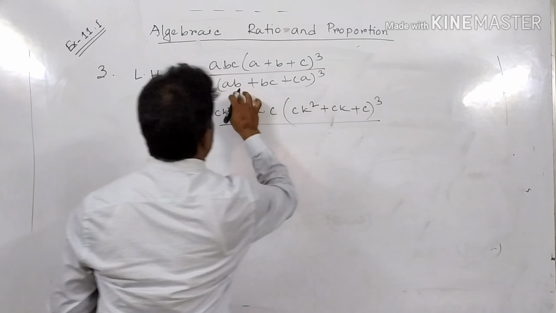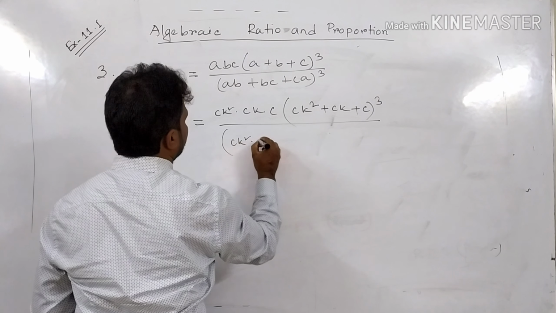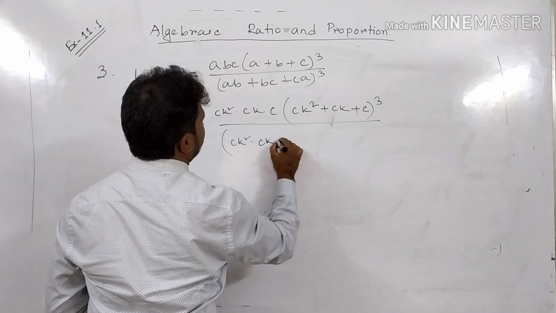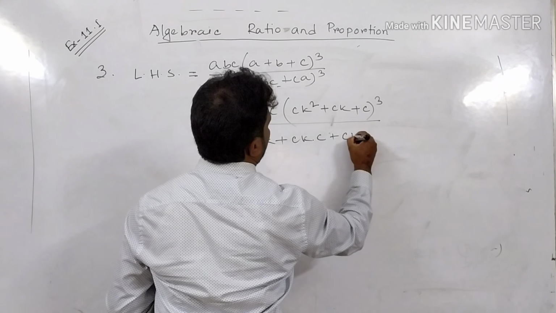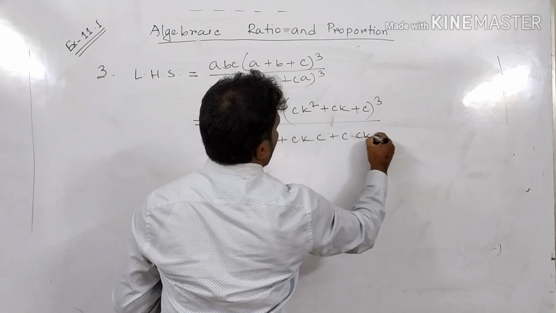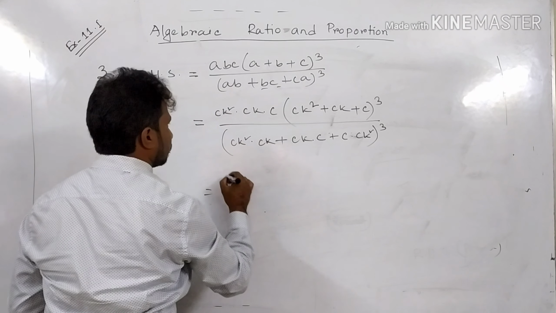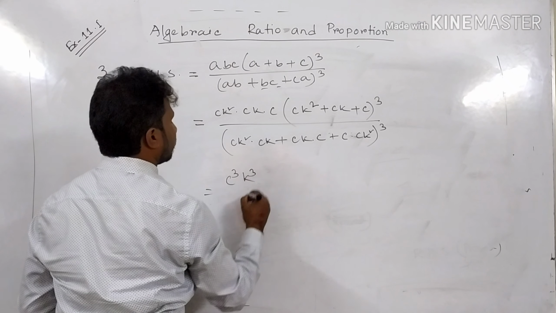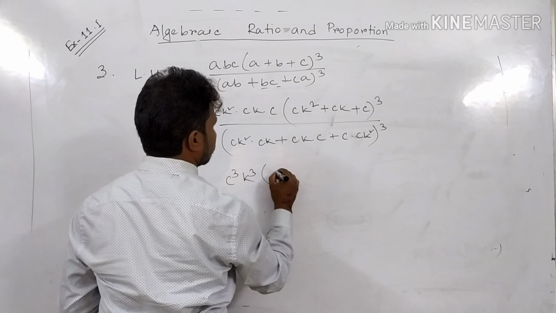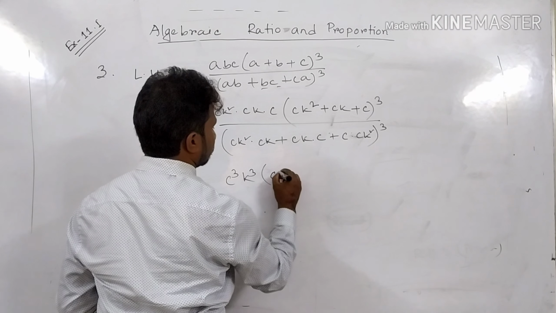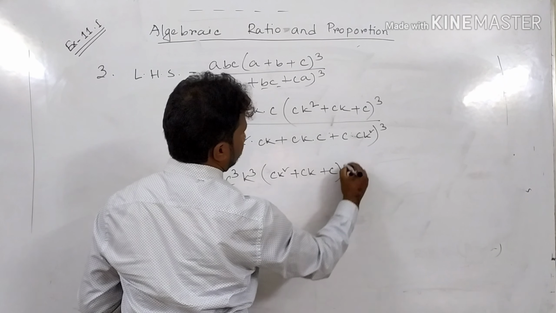Now here, value of a was ck square into b value ck plus ck into c plus c into ck square cube equals c cube k cube into ck square plus ck plus c whole cube.